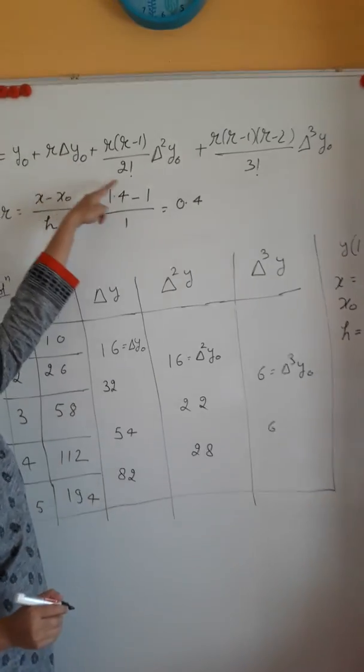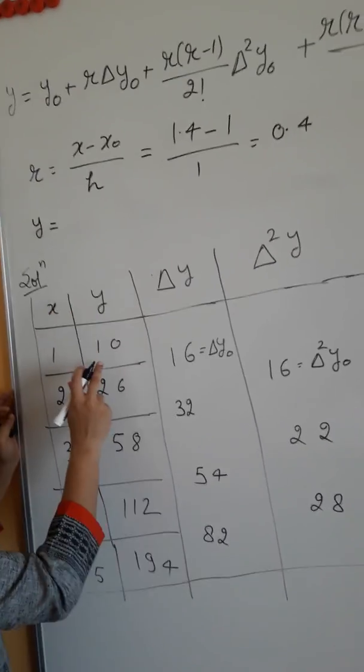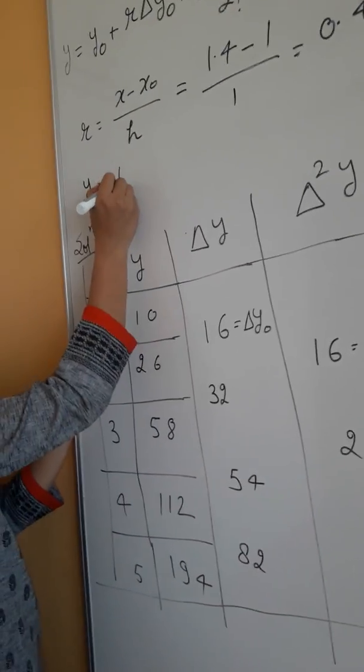Now you know the value of r, and you know the values of these differences. Substitute them and you will get the required value. So what is y naught? 10.